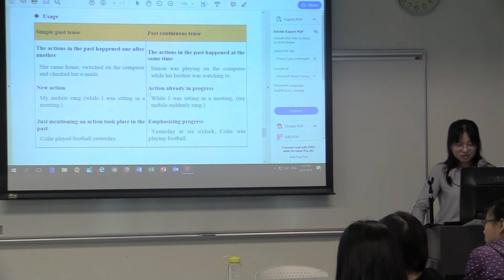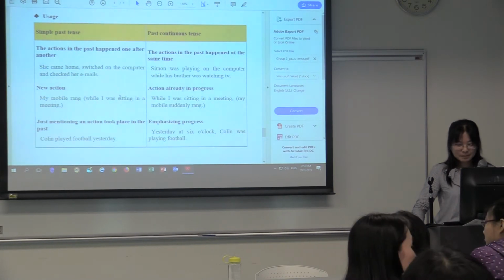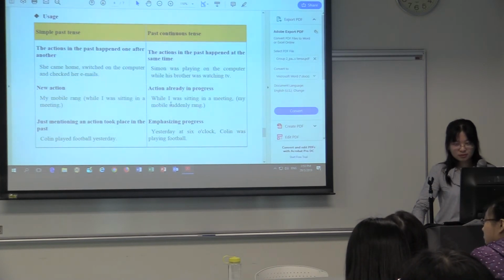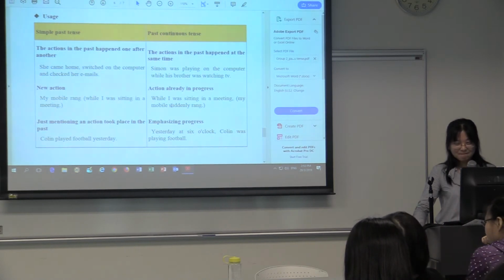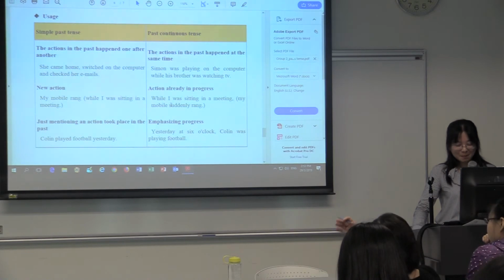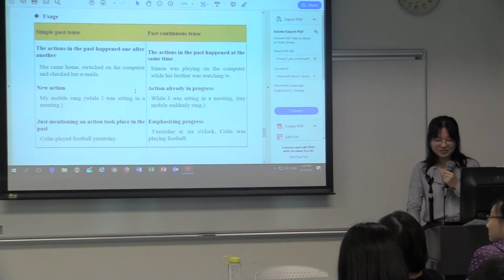Past continuous, probably you just want to emphasize that the action was in progress. Then you use the ing form. So that may make it easier for your students to understand instead of trying to understand what you mean by each of these three. Yes. Okay.